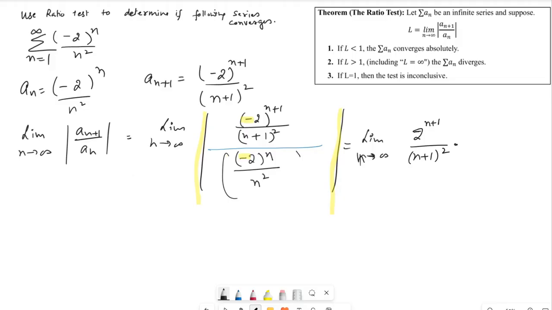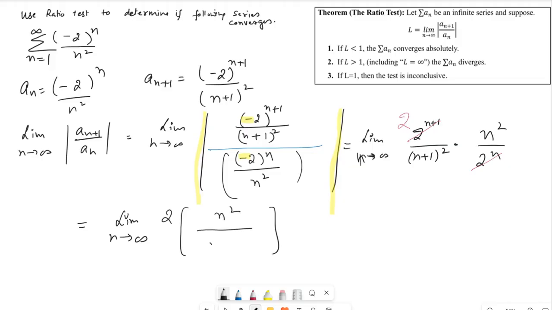Times the denominator fraction flips and multiplies here. You guys see this 2^(n+1), 2^n cancel. Only one factor of 2 is left. So what do we have? The limit as n approaches infinity of 2 n squared by (n plus 1) whole squared.